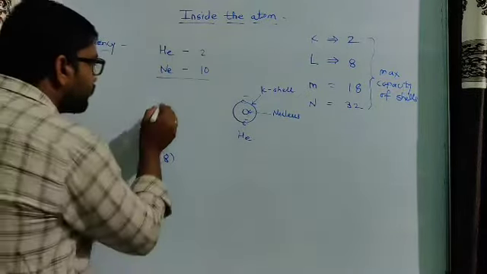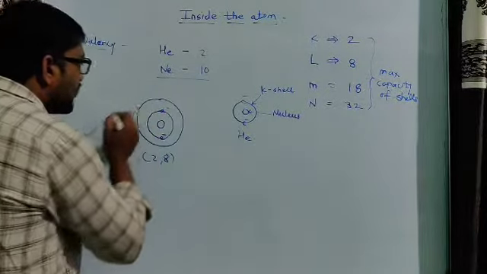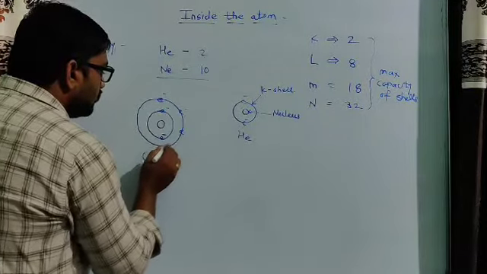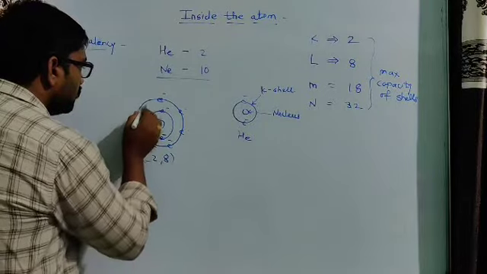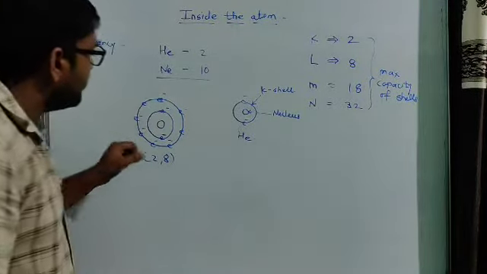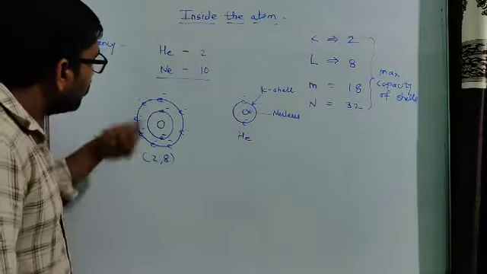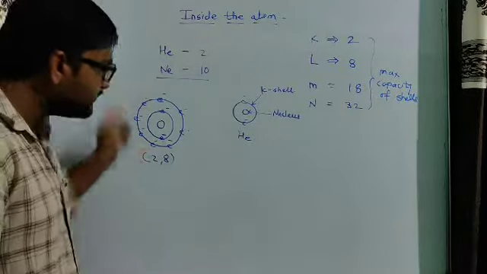So in the first K shell there are only 2 electrons and the remaining 8 electrons go to the next energy level, that is the shell.